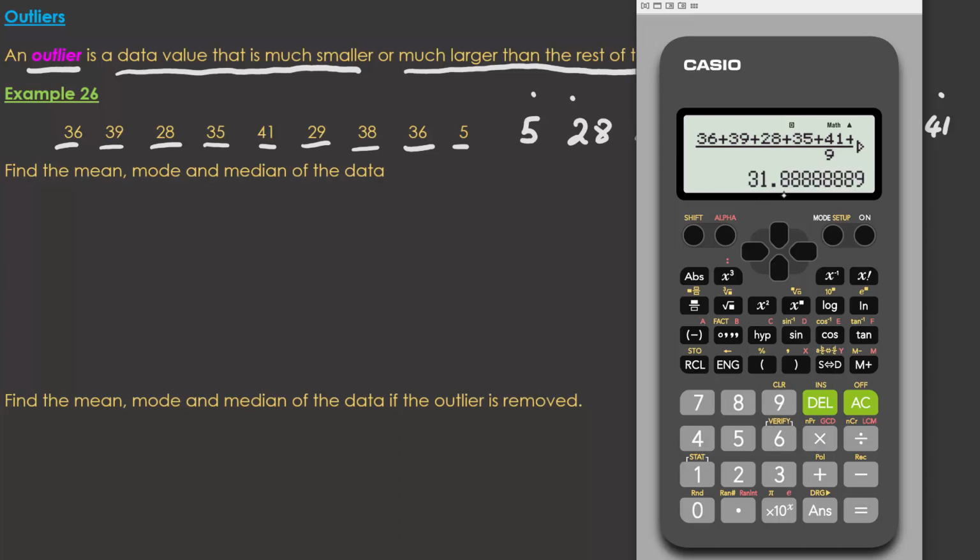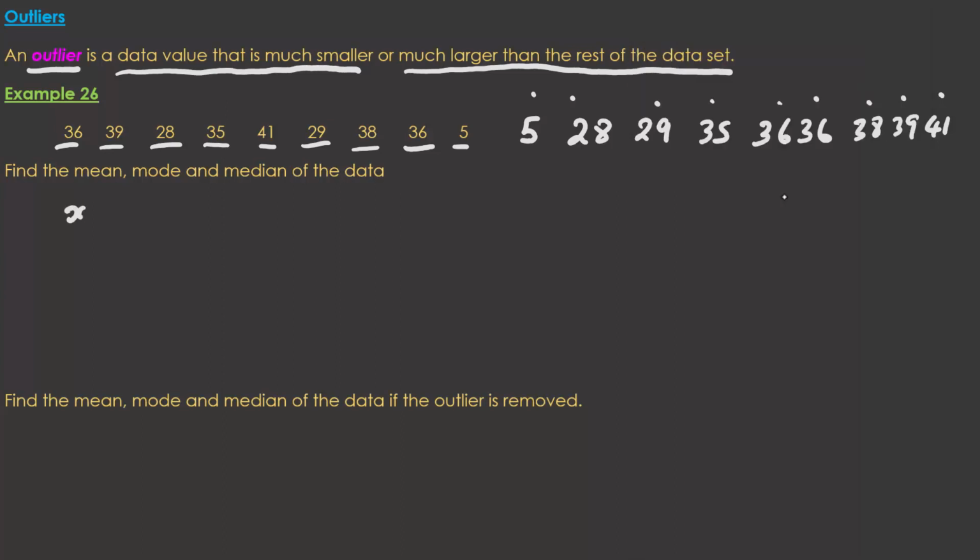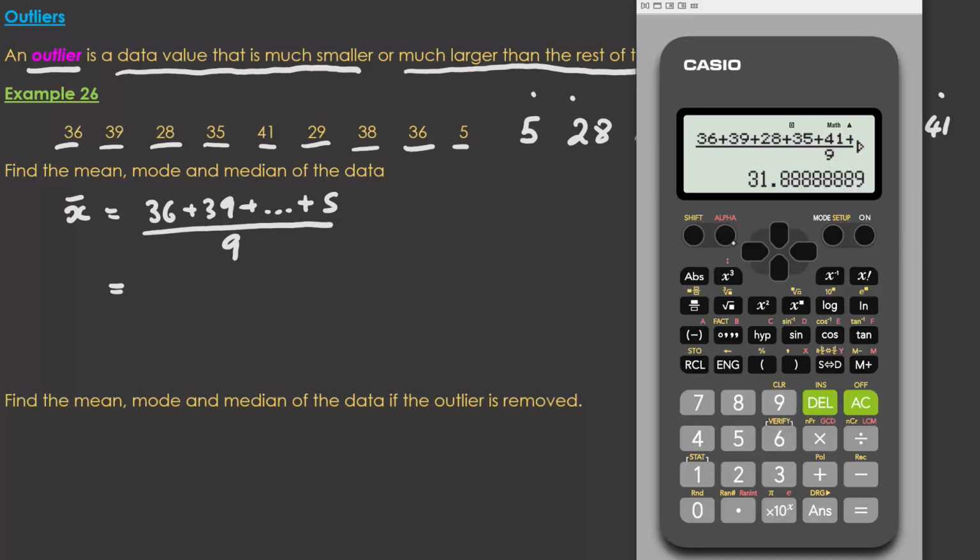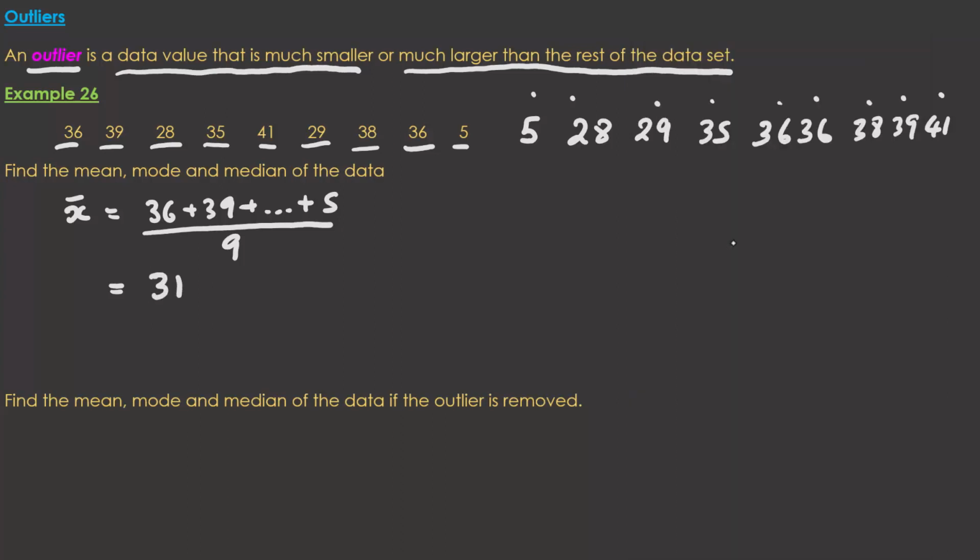And so I'll call that 31.9. So the mean is 36, add 39, up to 5, divided by 9, and that was 31.9 to 1 dp.